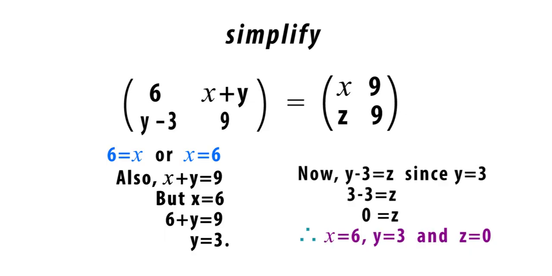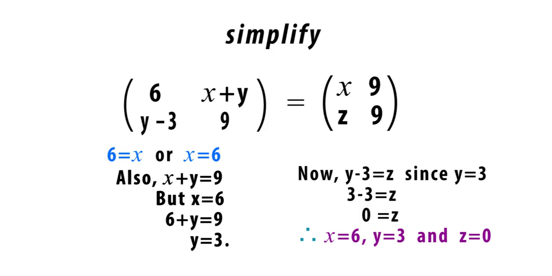We also have y minus 3 to be equal to z. But we had y to be 3. That means 3 minus 3 is equal to z. And that will give us z to be 0. So z is equal to 0.